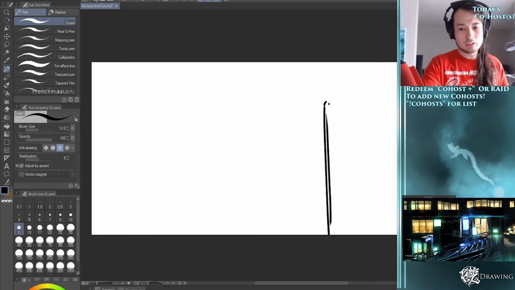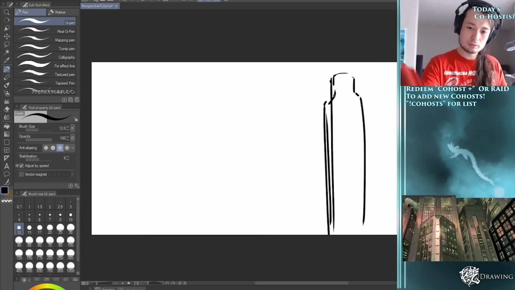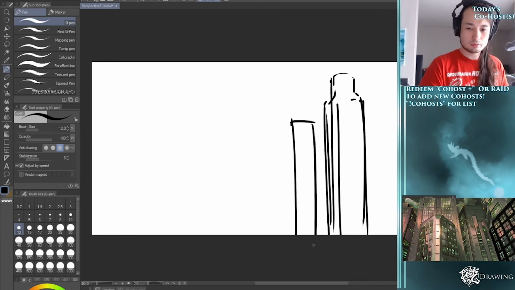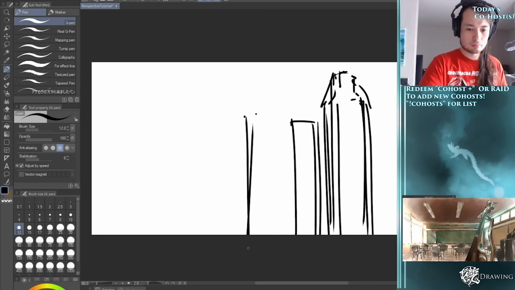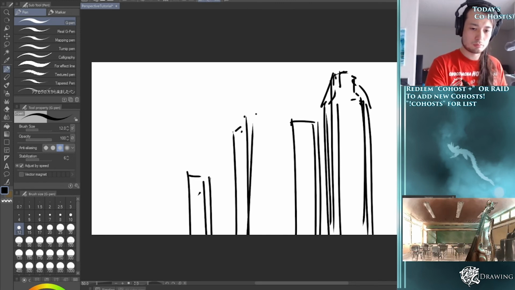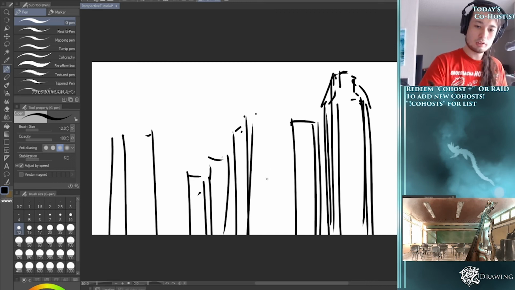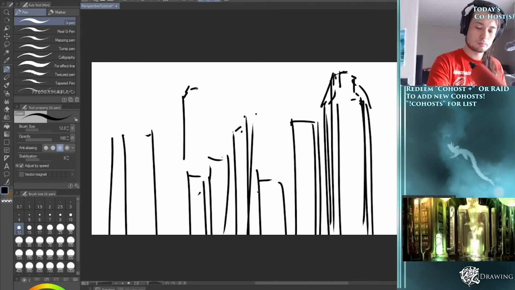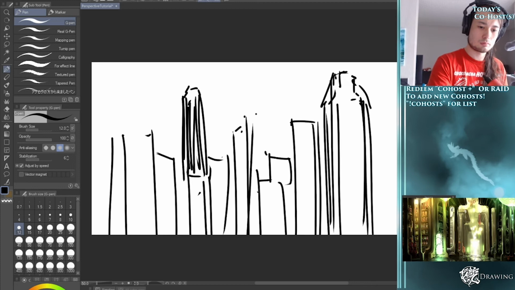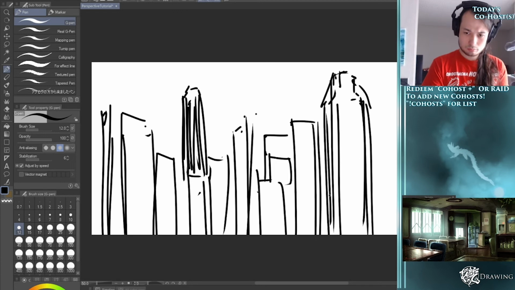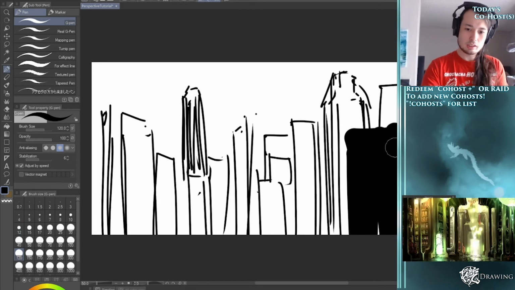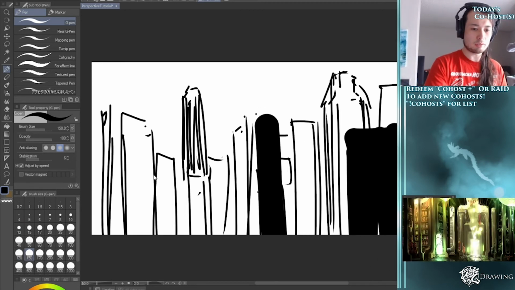Say you have a huge cityscape, right? I don't even need perspective here. Just by using our value lessons from last week, I can put some of this in the foreground if I want.